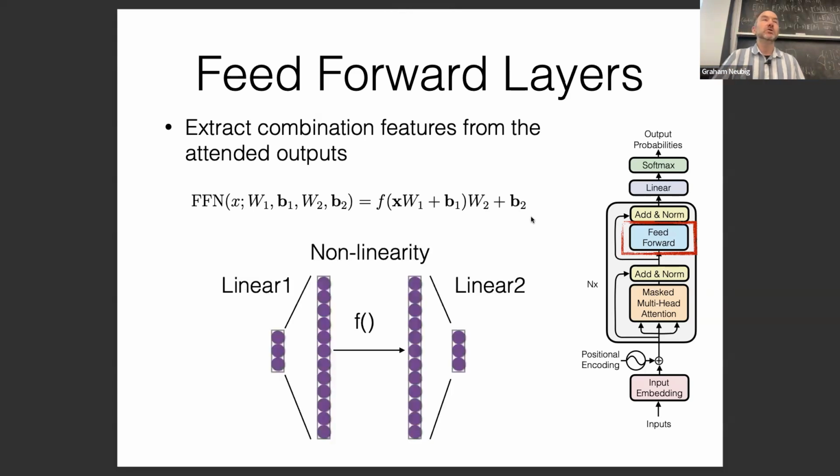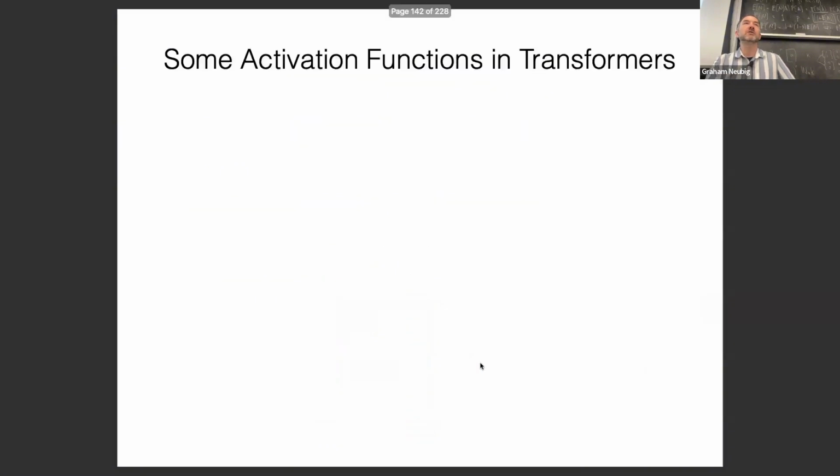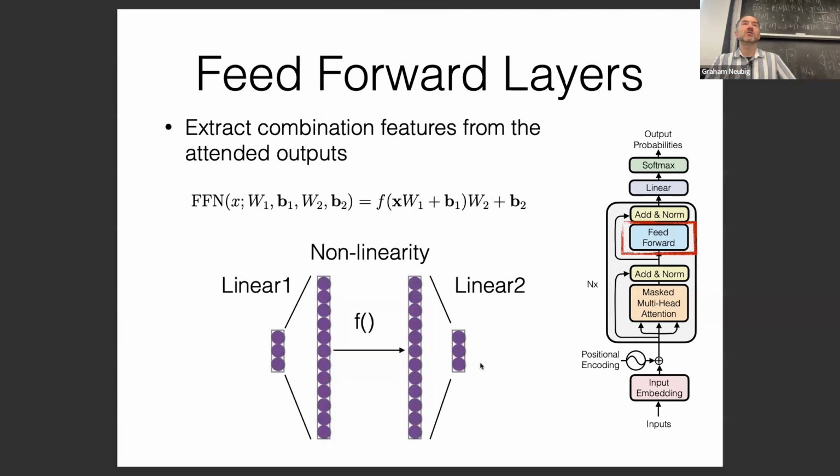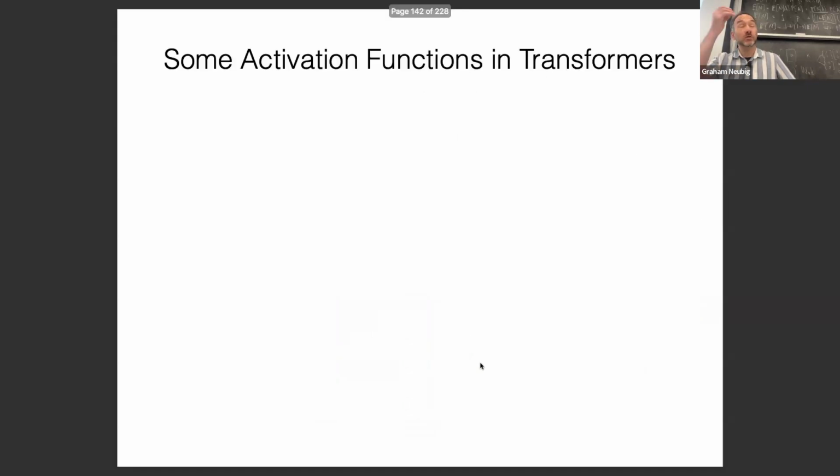And usually these feed-forward layers are very big. They're much bigger than the actual vectors themselves. And the reason why is because you want to extract combination features that combine multiple of the hidden layer features. And so these tend to be quite a bit bigger, like 4 times bigger or something like that than the original ones.